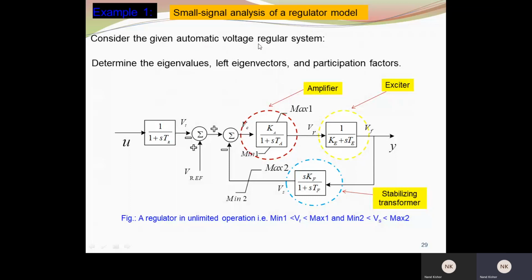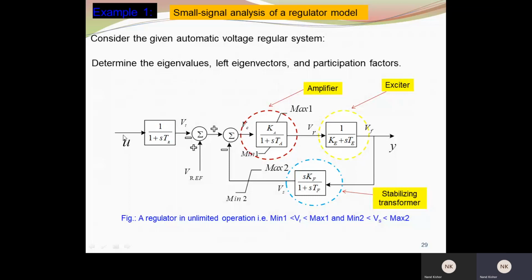So we have an automatic voltage regulator component, and we want to determine the eigenvalues, the left eigenvectors, right eigenvectors, including participation factor. This is the complete block diagram representation for the AVR.